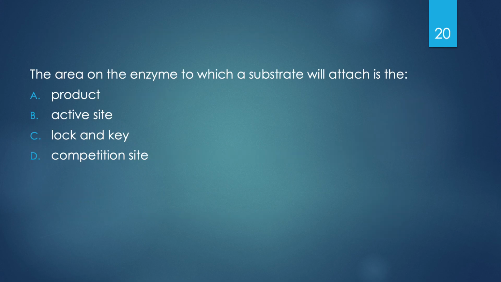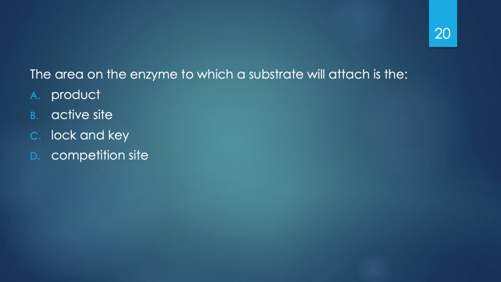Pop quiz time. The area on the enzyme to which a substrate will attach is the A, product, B, active site, C, lock and key, or D, competition site. If you recall from previous slides, we looked at how an enzyme will have two different substrates approach the active site. So the active site is the point at which they will attach. What comes out of the reaction is the product, and that can either be bonds being built or broken.